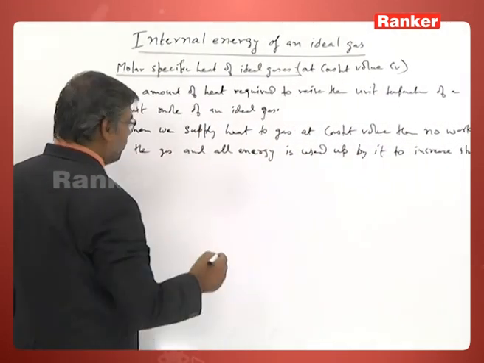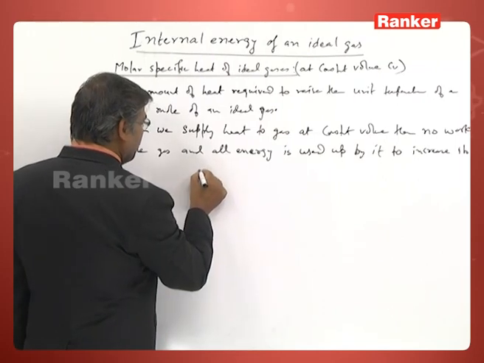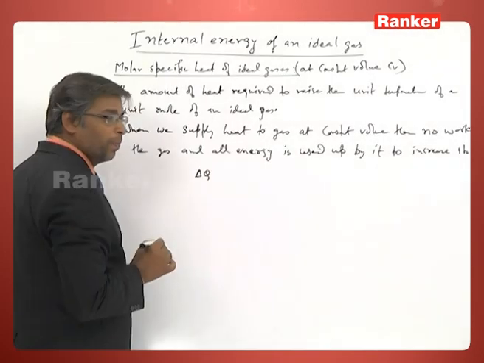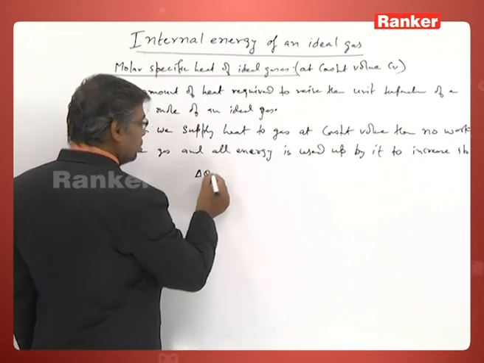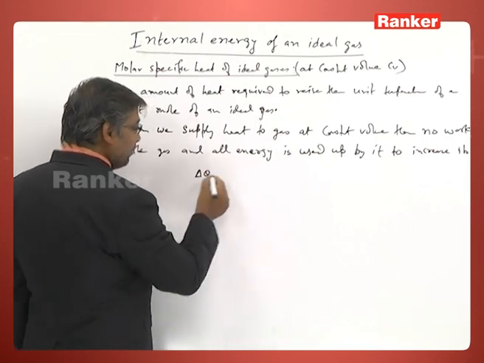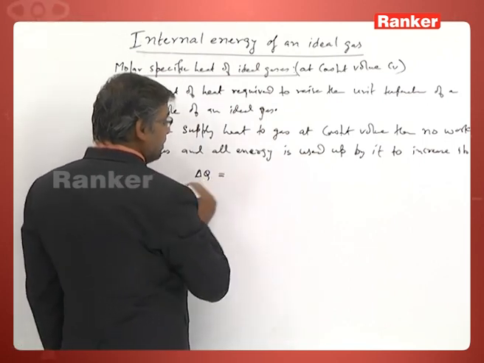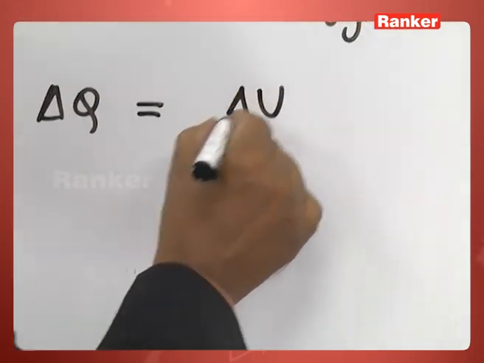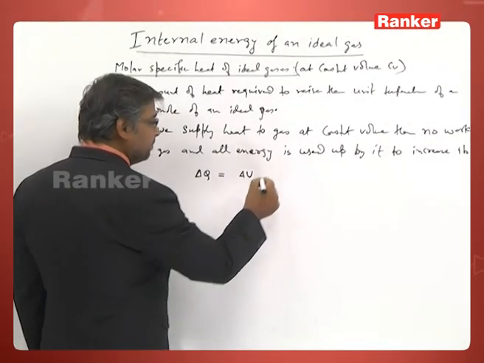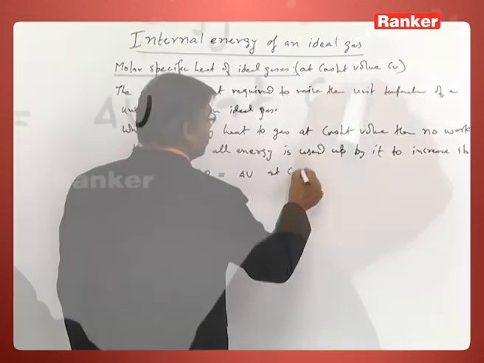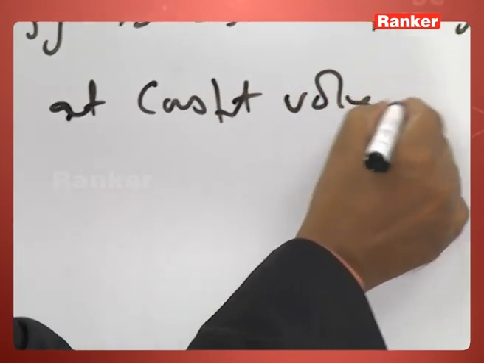So, now if we have delta Q, a given amount of energy, then that will be used to change its internal energy at constant volume.